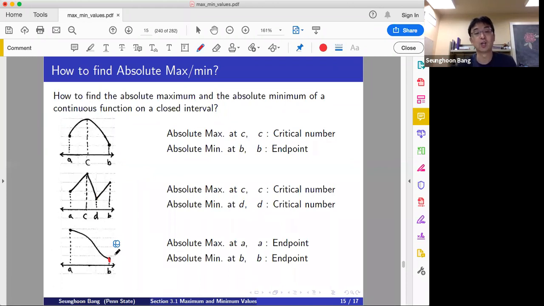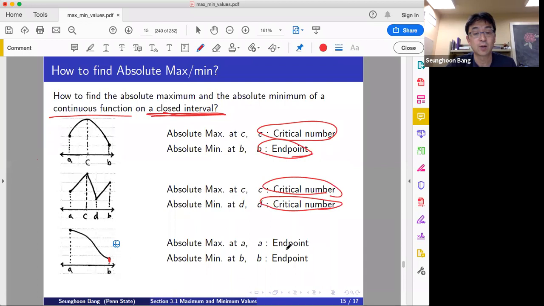We have only two possibilities for a continuous function on a closed interval. What are they? Critical number or endpoint. That's it. We don't have more. Only two possibilities: critical number or endpoint.